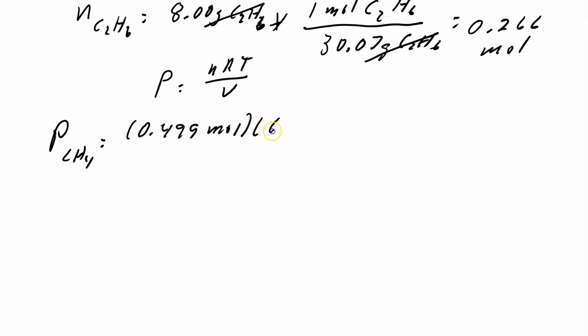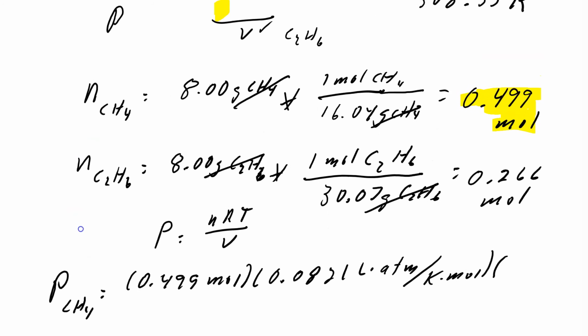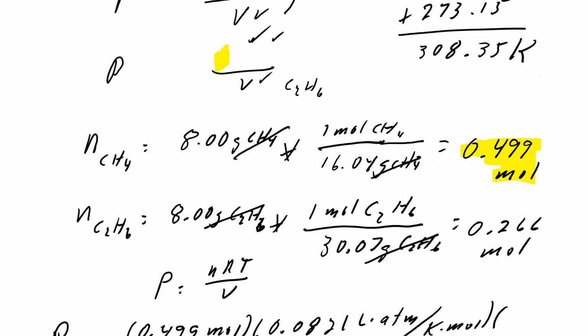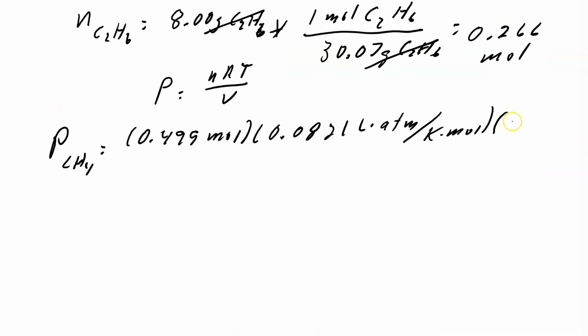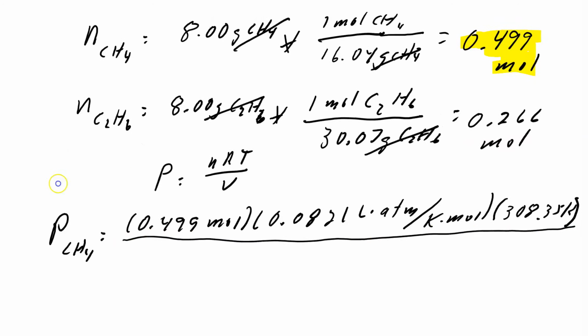Our gas constant will be given to you: 0.0821 liter atmospheres per kelvin mole. And our last term upstairs is temperature. We calculated it in kelvin: 308.35 kelvins.